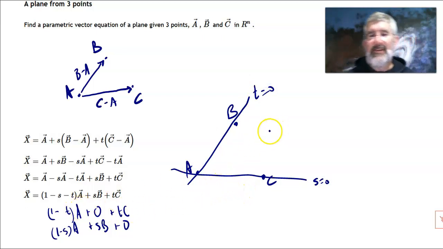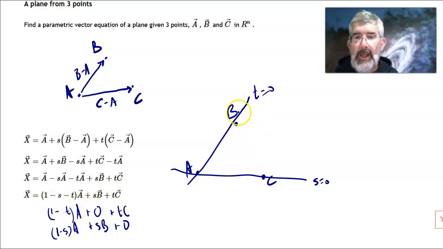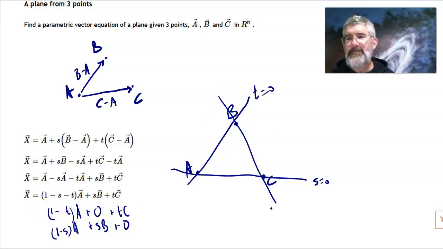And then, less obvious, if you pick s and t to add up to 1, like a half and a half, or 1 and 0, or anything where s plus t is 1, then 1 minus s minus t would be 0, and we would be looking at this line right here.